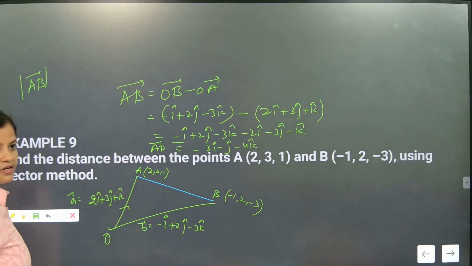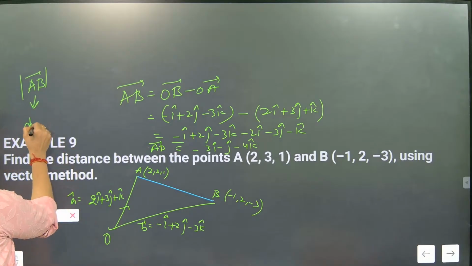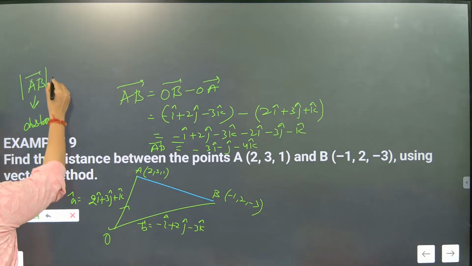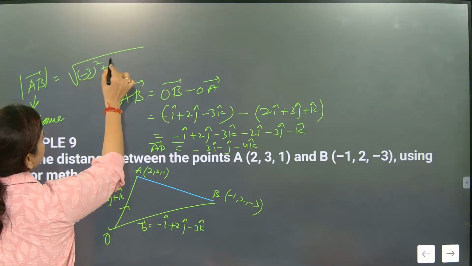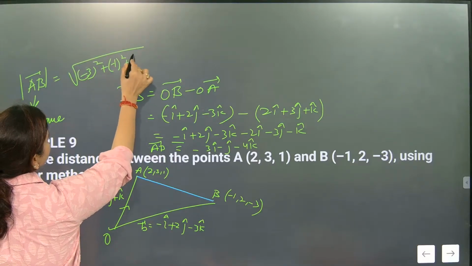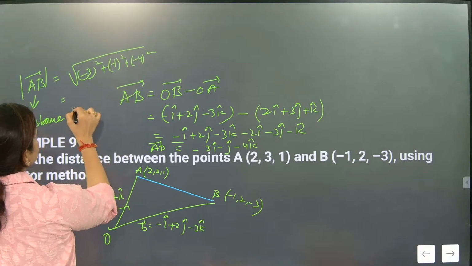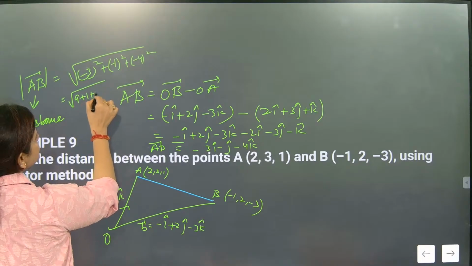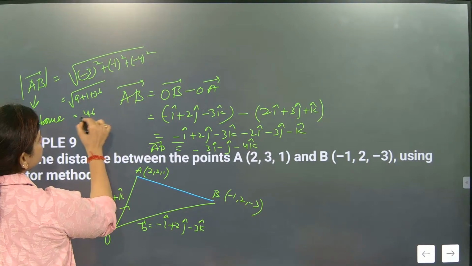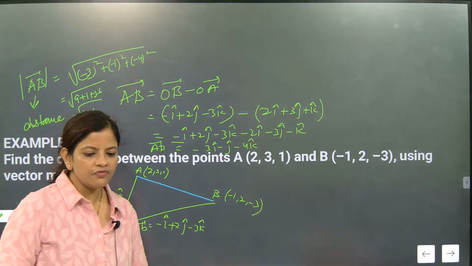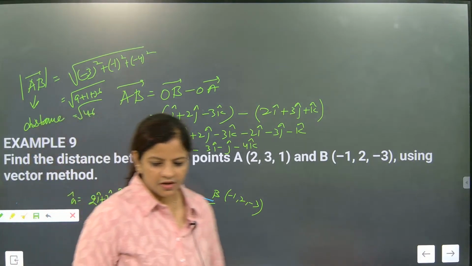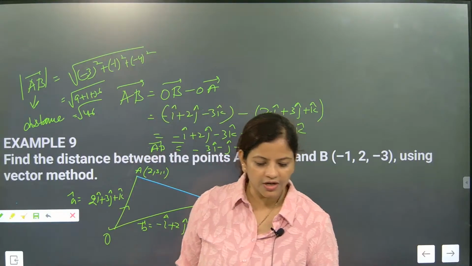Magnitude. So what value will be coming? Minus 3 square plus minus 1 square plus minus 4 square. So it is coming as 9 plus 1 plus 36. So how much? 46. Root under 46. Distance is coming as root under 46. That's it.